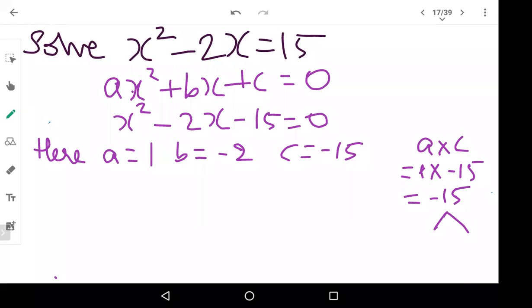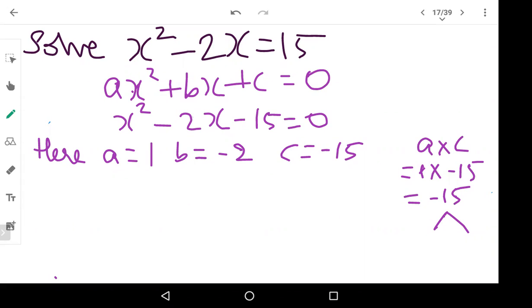Five and 3. Okay, correct. Now 5 and 3, what will be the sign? Minus and plus, minus 5 and plus 3.